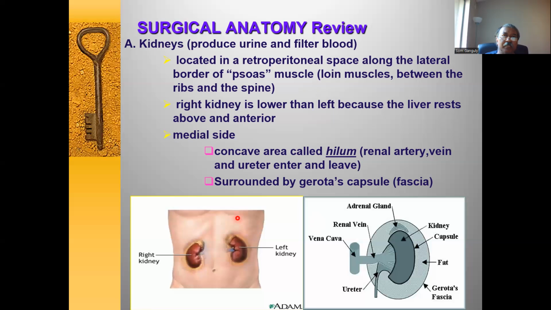The muscle originates in the iliac crest, the pelvic girdle, and goes upward to the rib and the spine where it is attached. Here you can see the left and right kidney located at the retroperitoneal muscle area.